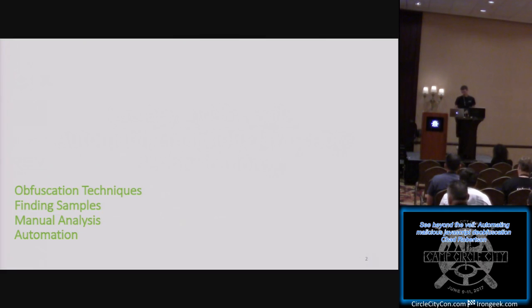We'll talk about the techniques, then how you can find samples of this stuff. Then manual analysis, I've got a lab machine here, we'll do a little debugging. Once we understand what we're looking at, we'll see how we can automate that so that we can retrieve what is obfuscated automatically.